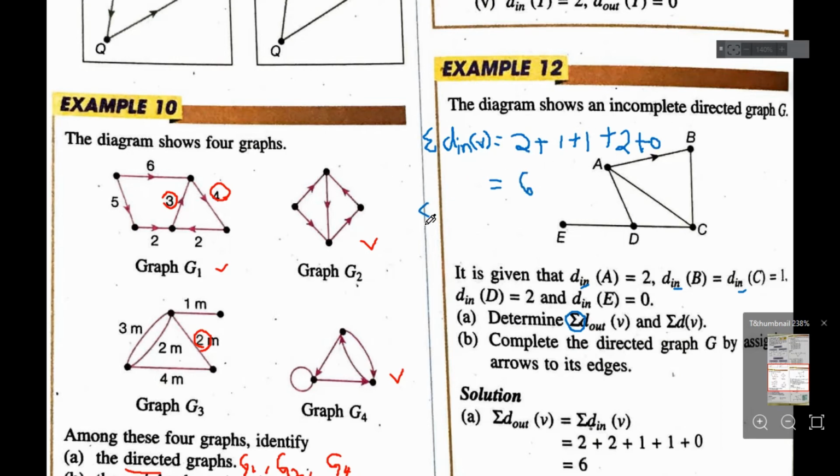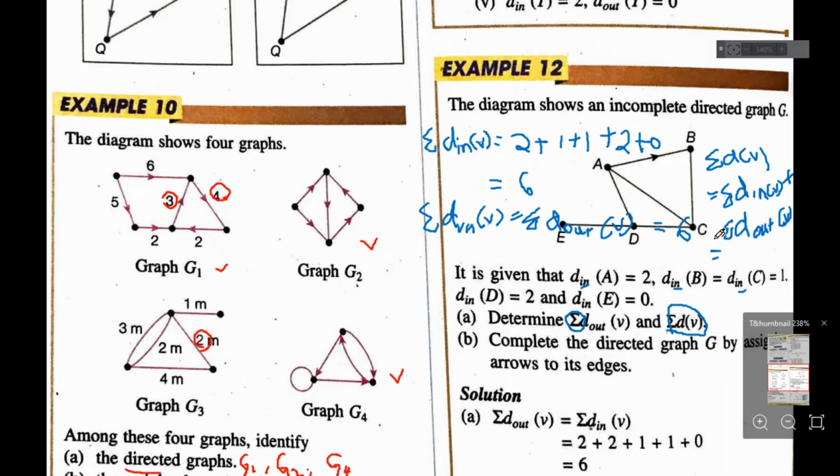And just now I mentioned that summation of in degree will equal summation of out degree. So here, summation of out degree will equal 6. Then how to calculate the summation of degree? Summation of degree equals summation of in degree plus summation of out degree.